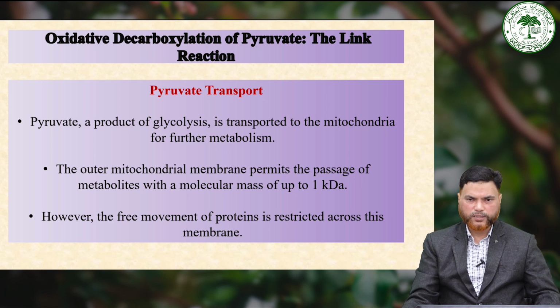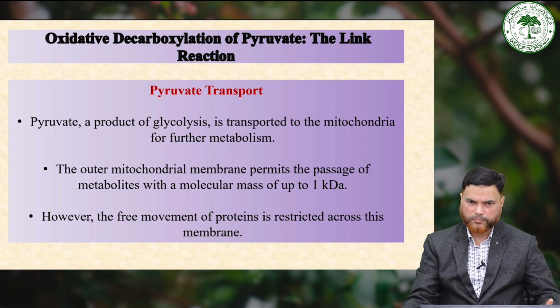Then inside the mitochondria, oxidation and NADH production take place. The oxidation of pyruvate is coupled with the reduction of NAD to NADH. This key biochemical reaction is facilitated by the pyruvate dehydrogenase complex.